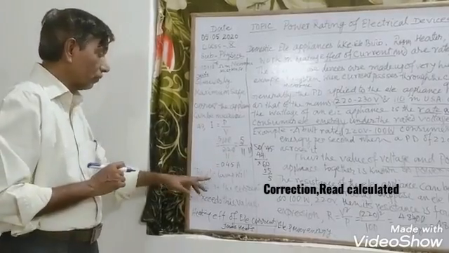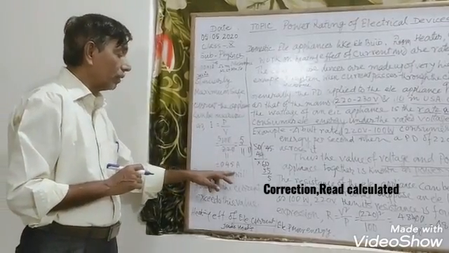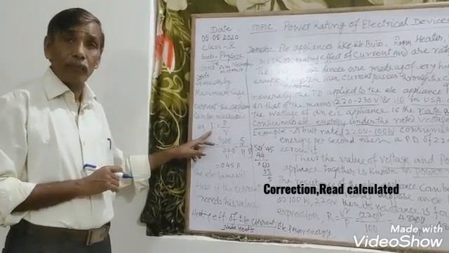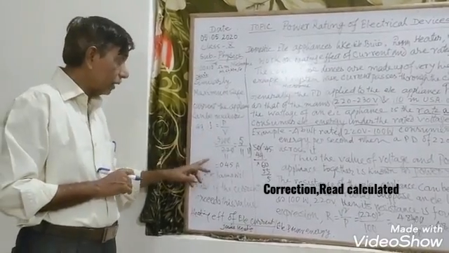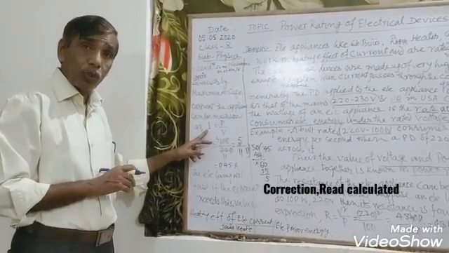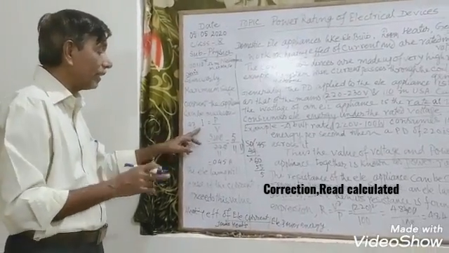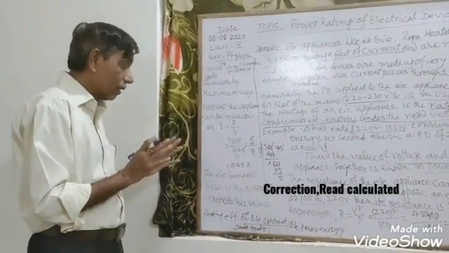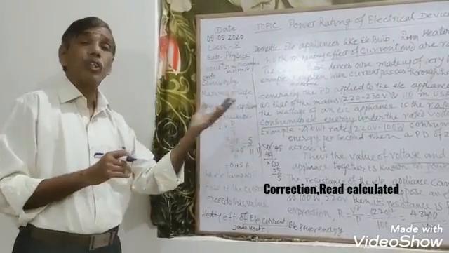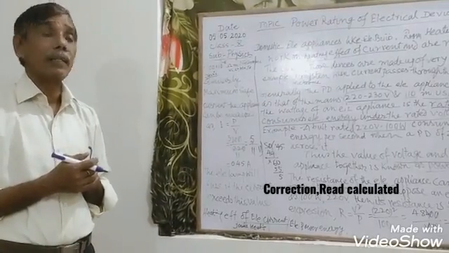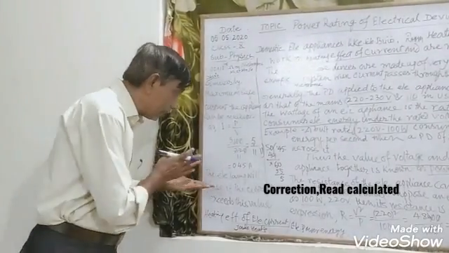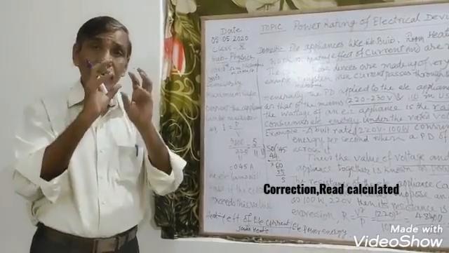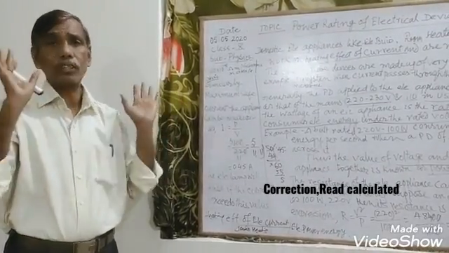What is this 0.45? It is in ampere, because we have found the current. So the current that flows through the appliance is 0.45 ampere. If it exceeds this value, the electrical appliance will be damaged.